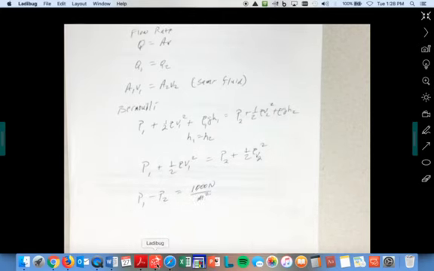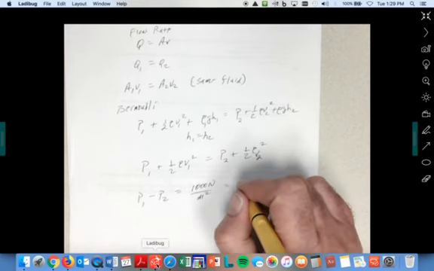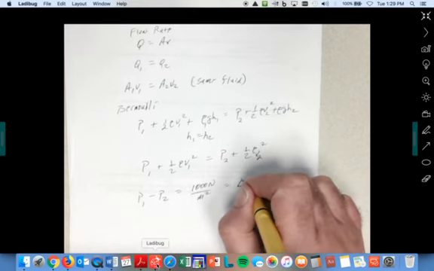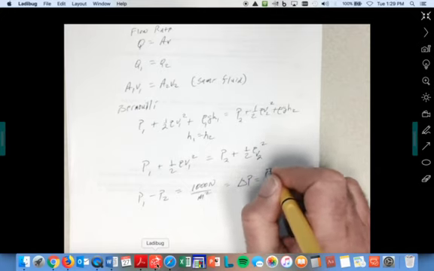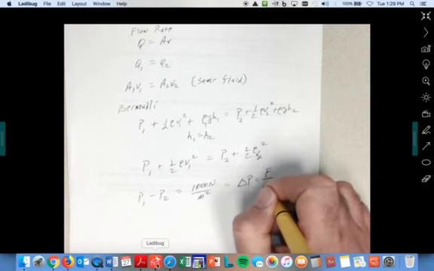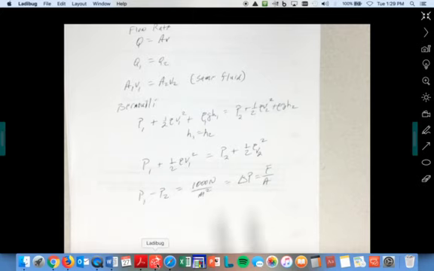That's kind of the coefficient of lift, sort of. And so we're going to set this equal to delta P, which is equal to F over A. So in other words, I know what force I need.